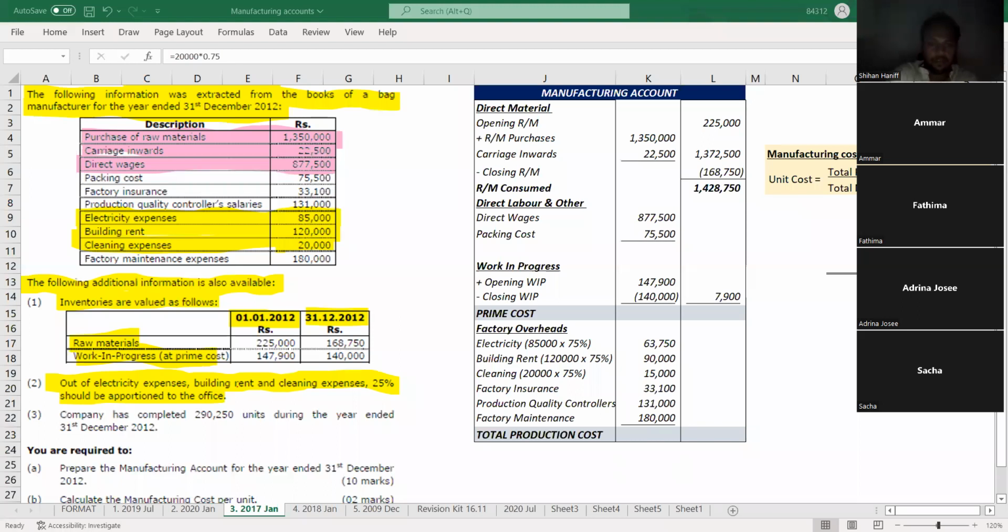One is wrong. 2,88,288. And you need to find out the unit cost as well.